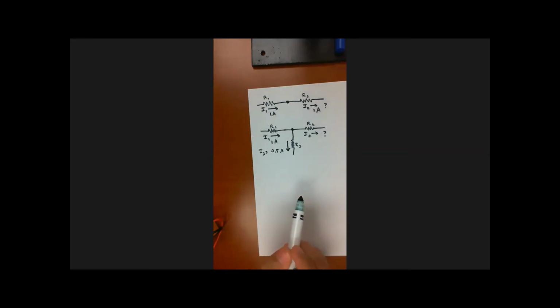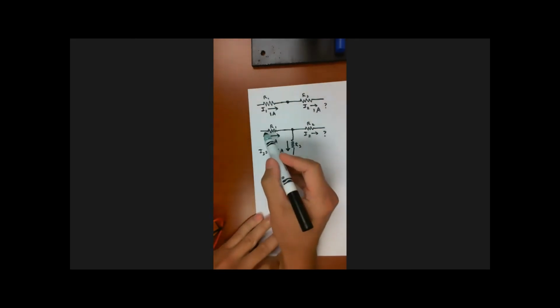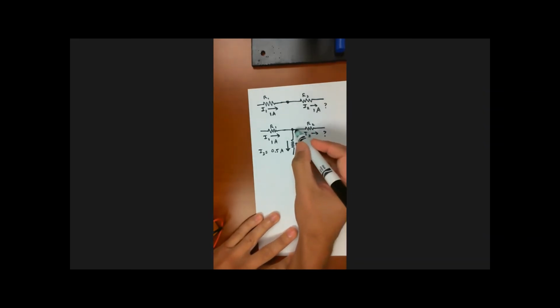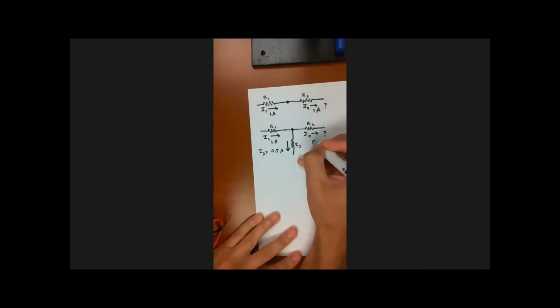But for now, I think that maybe you can use your intuition and you can say that, well, if I got 1 amp coming in here and half an amp coming out here, then I must have half an amp going through here, right? Because whatever's coming in must total what's coming out. And that's exactly what KCL says. All right, so I2 must be 0.5 amps.